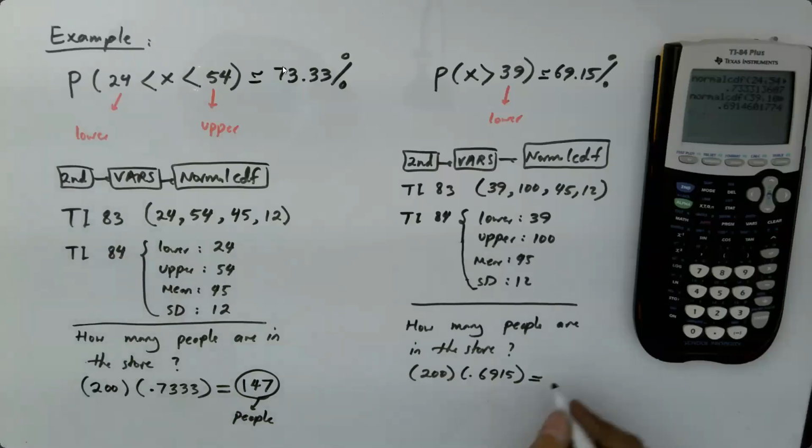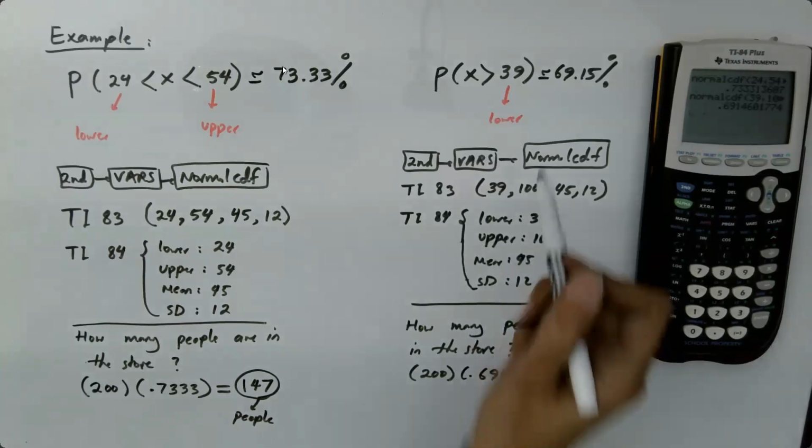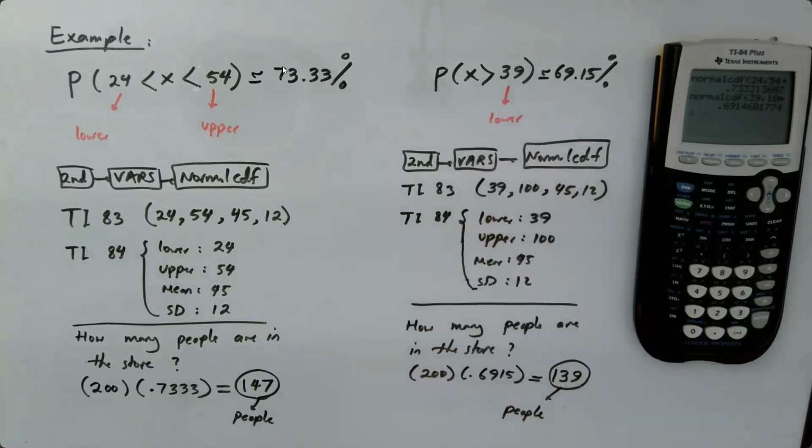So we get about 139 customers in the store who are spending more than 39 minutes. So they can use this information when they are constructing a new store. They use this information to make the capacity of the store as accurate as possible.